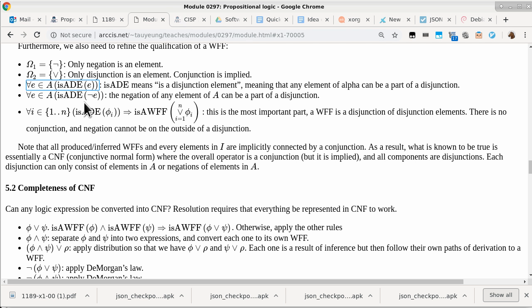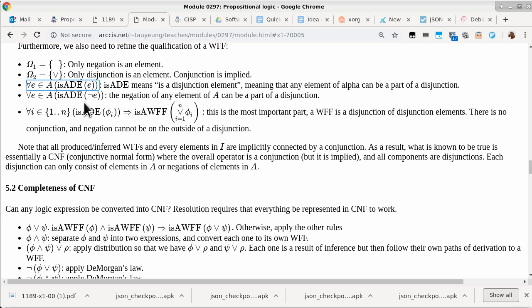Pick anything in alpha. What is alpha again? Those are all the symbols: 0, 1, P, Q, R, S, T, the variables. Those are all the alphabets that we play with. So by themselves, each one is a disjunctive element. I just call it a disjunctive element. Are we good so far?